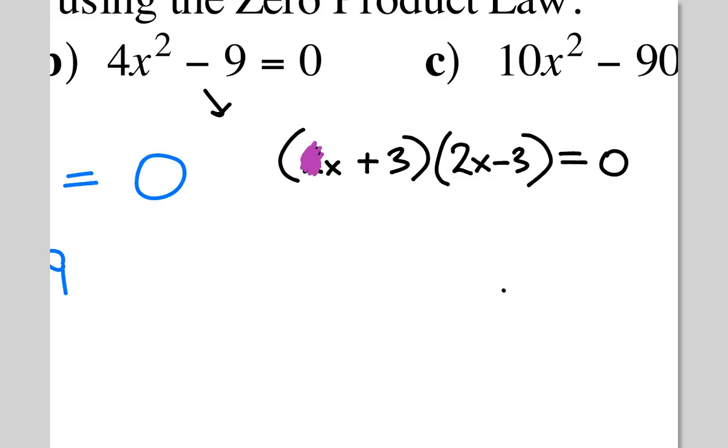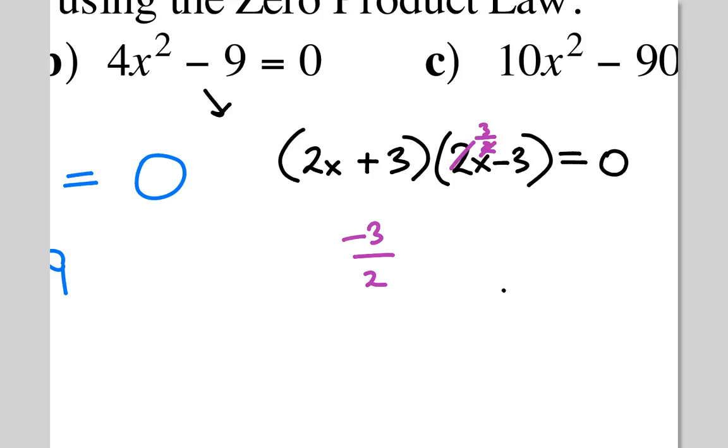What if that 2 wasn't there? What would be the answer to that? Negative 3. But the 2 is there, so it's negative 3 over 2. And this one's identical, right? But different sign. So what's going to work on this one? 3 over 2, right?